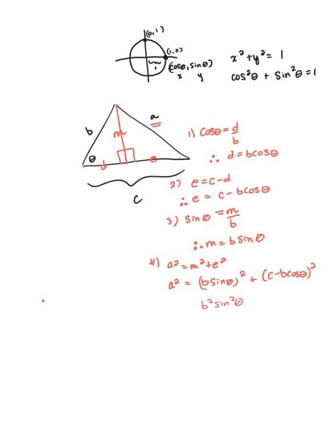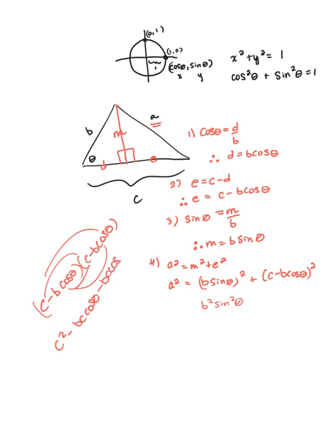Okay, C minus B cos theta times C minus B cos theta. You have to do FOIL: C squared minus BC cos theta minus BC cos theta plus B squared cosine squared theta.